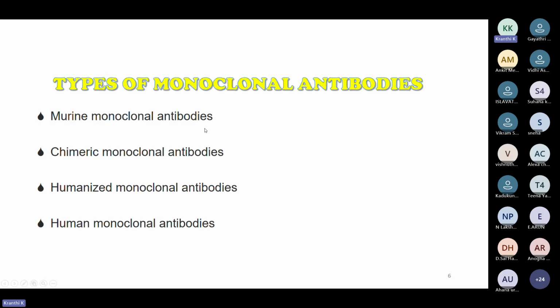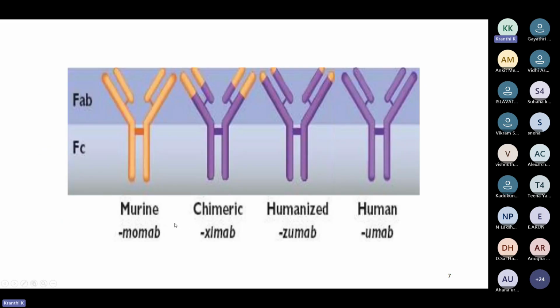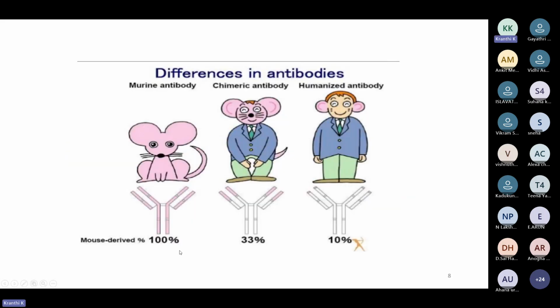Murine is completely mouse. Chimeric has both. Humanized has the others also, but mostly human. Human means completely human origin. Human derived 100%. Sorry, mouse derived 100%. Murine means these antibodies are derived completely from the mouse. These are available, right?